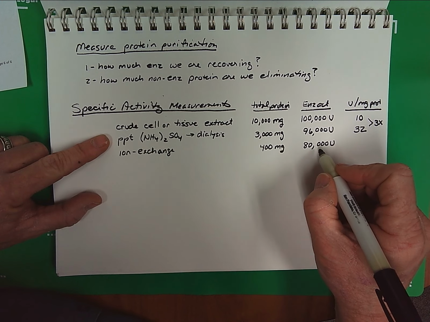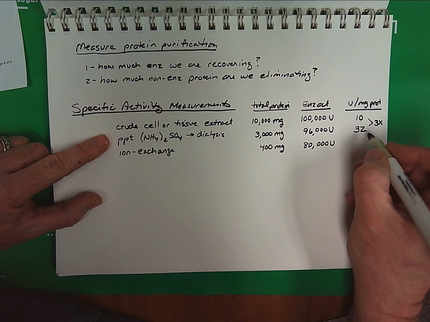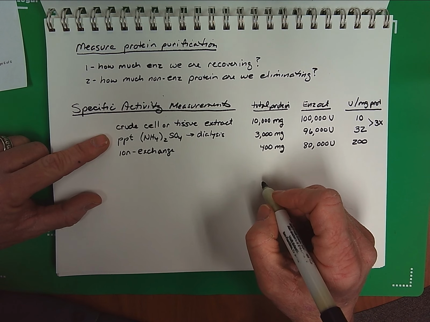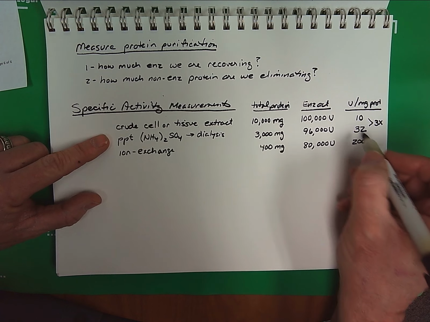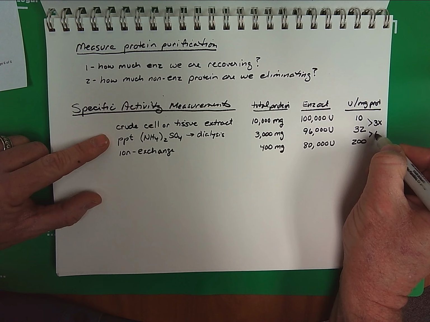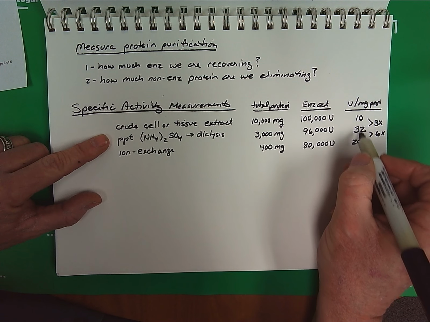If we calculate our specific activity, units per milligram, we see now that we have 200 units per milligram of protein. This represents greater than six-fold purification over the previous step.